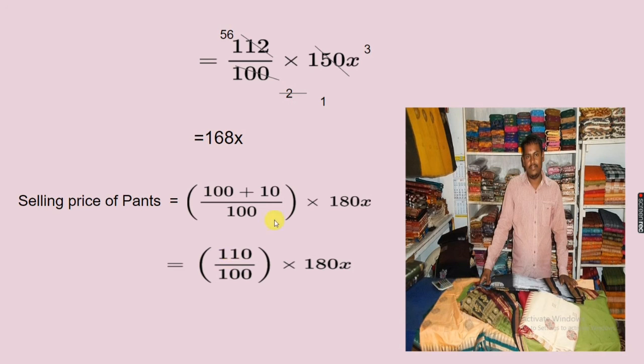Multiplying 11 with 18, we got 198X rupees. This is the selling price of pants. Here we got the selling price of shirts, and this is the selling price of trousers.